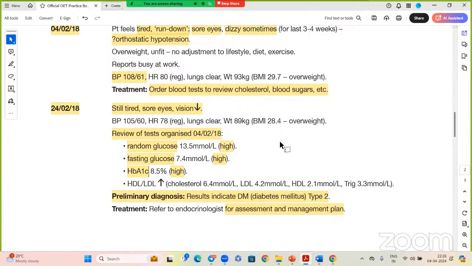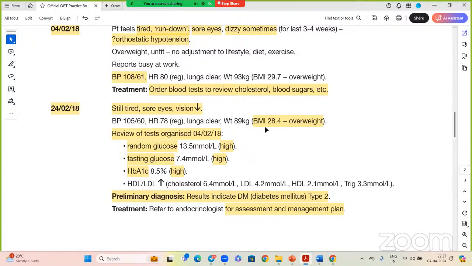So now see his body mass index, which shows that he is overweight. His body mass index is given here, 28.4. Before he was 29.7. Now he came to 28.4. We are talking about the 24th visit.